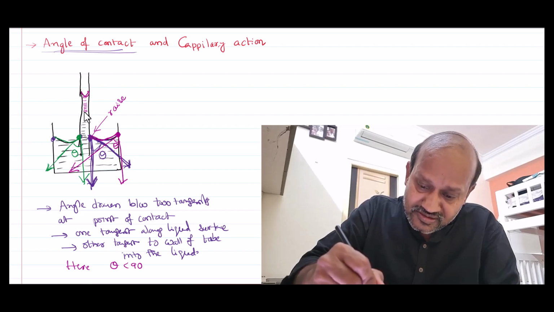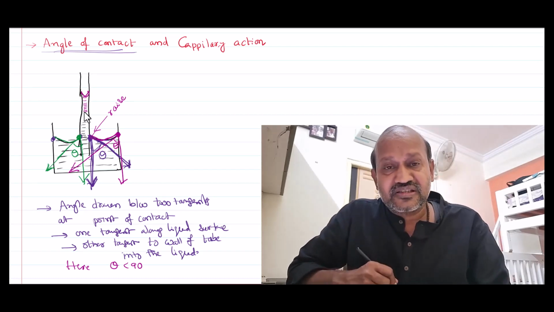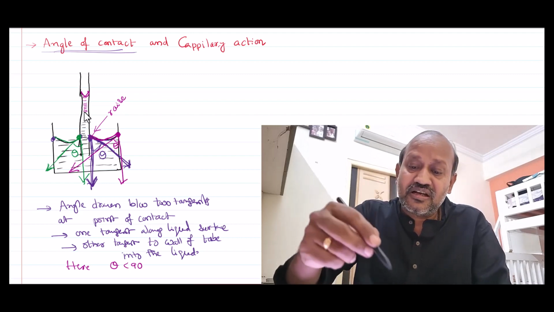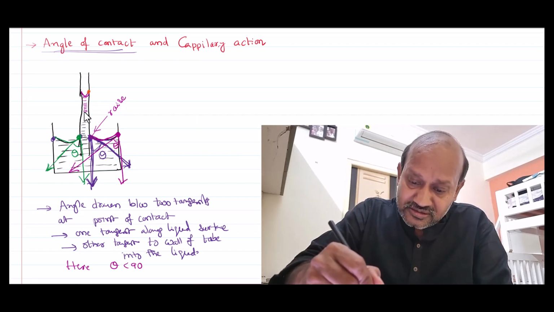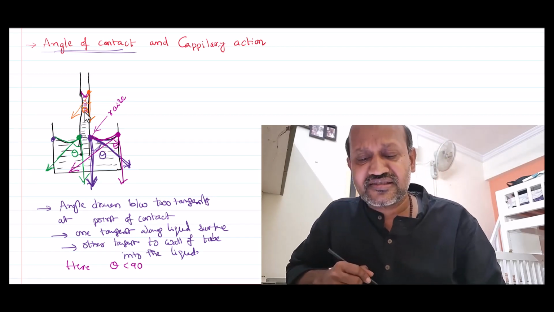Here also it acquires the same kind of shape. In fact, we can draw the angle of contact here also. This is the point of contact. One tangent is drawn to the liquid surface, one tangent is drawn to the capillary tube into the liquid, and here is the angle of contact. Anywhere we can write the same.